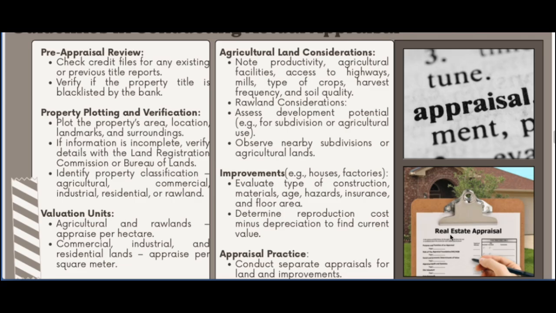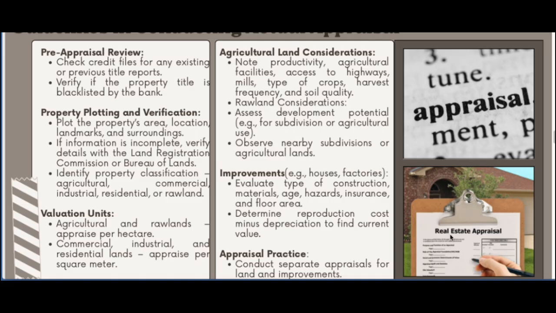What about buildings and structures that fall under improvements? They evaluate type of construction, materials, age, hazard, insurance, and floor area. This involves checking the type of construction, the materials used, the age of the building, potential hazards, insurance coverage, and the total floor area.